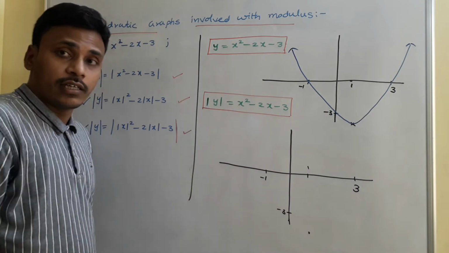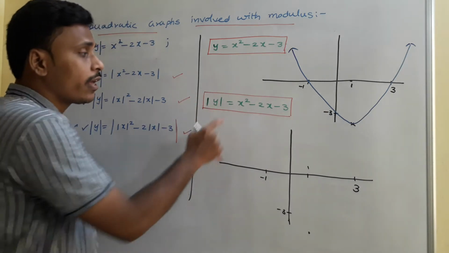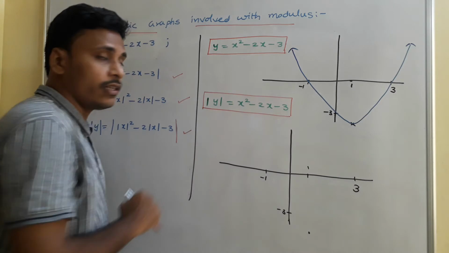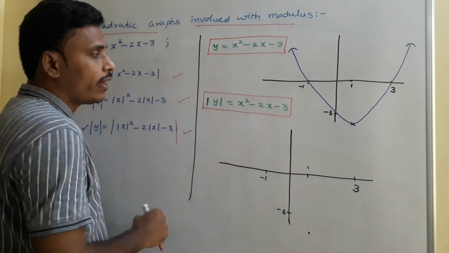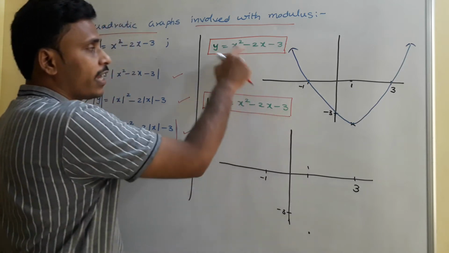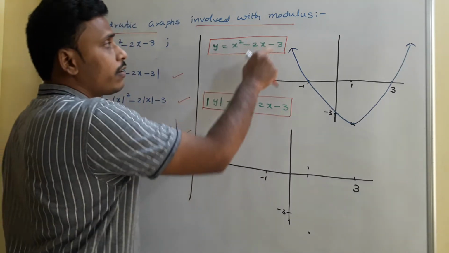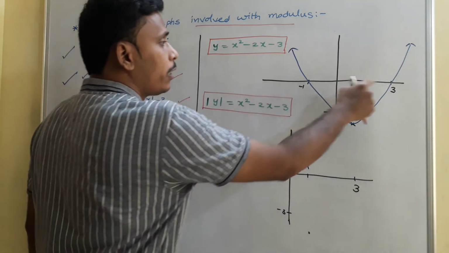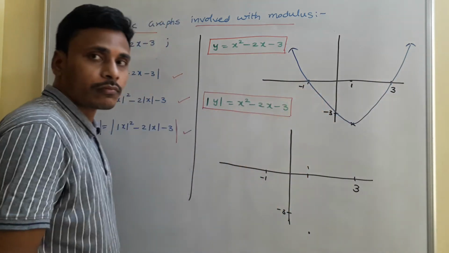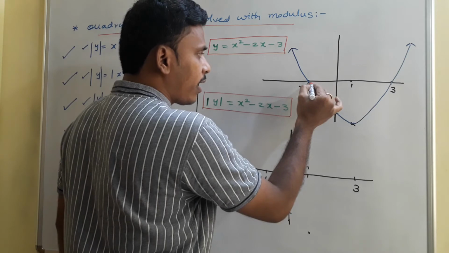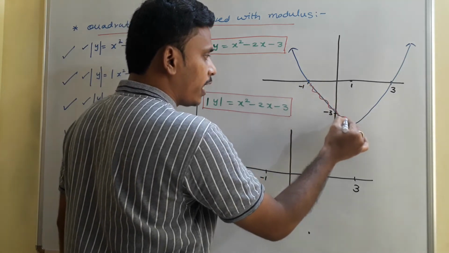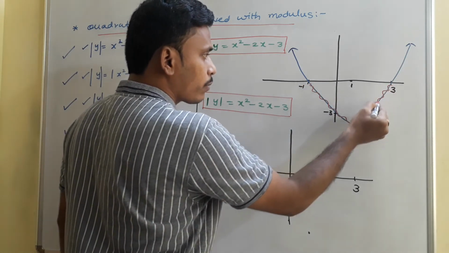As we discussed earlier, for these cases, if x square minus 2x minus 3 is negative, you need to neglect it. Just look there, from the first graph, this expression is negative in between minus 1 and 3. I am just tracing that negative graph with red color.